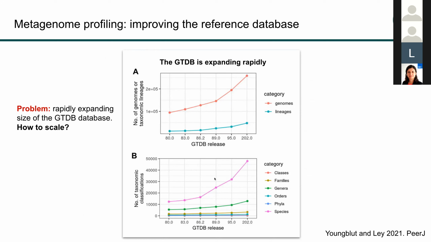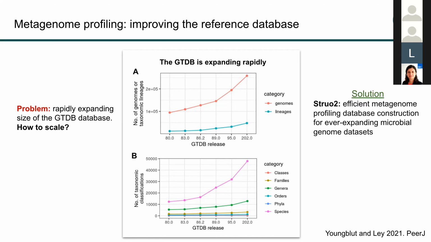So our pipeline did not really scale that well to handle this massive increase in genomes. While it's exciting that we're gaining so much data in terms of publicly available genomes, it's also more challenging to deal with.